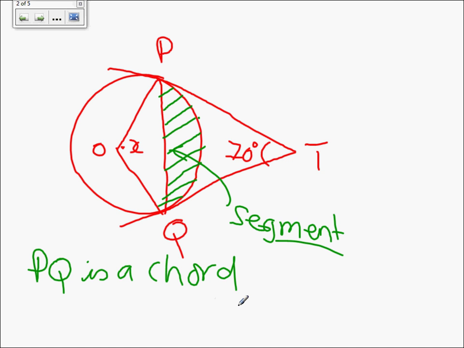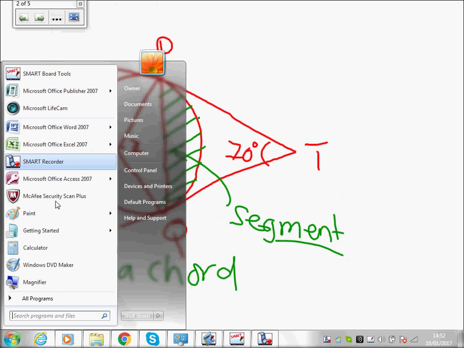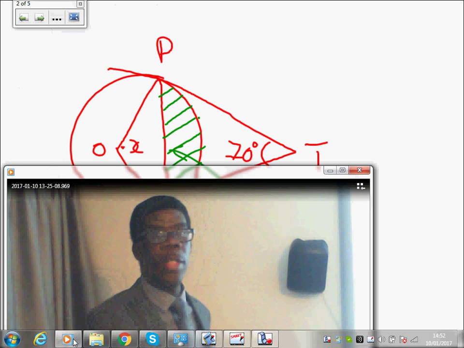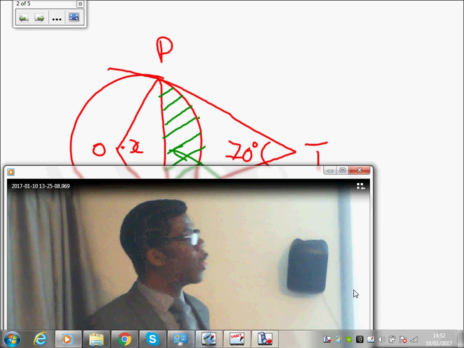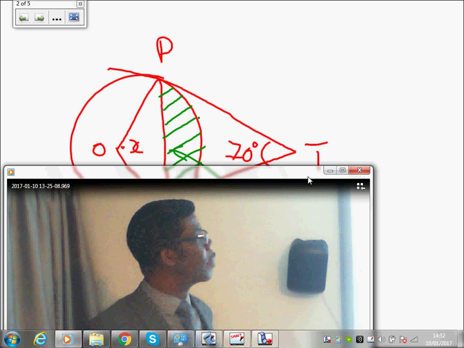The area between PQ, the chord, and PQ, the arc, is called the segment. So you have to keep on visualizing these things as you see questions come in your examination.